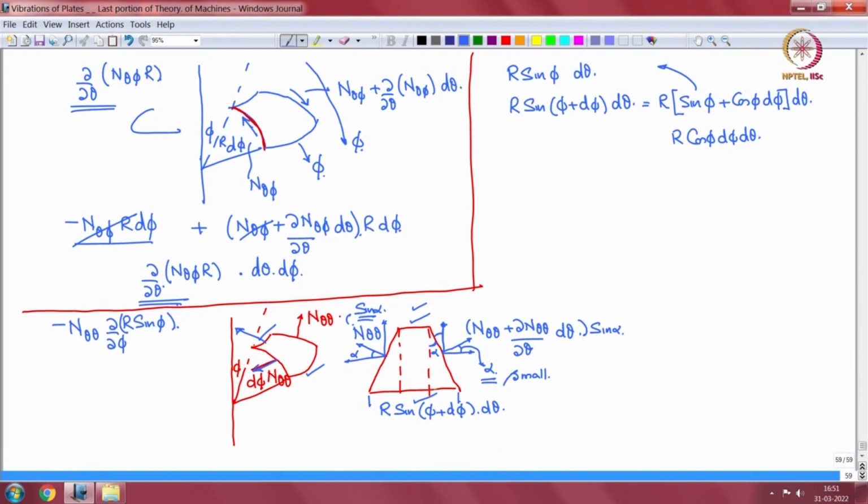Then I need half of that; the difference is this plus this, so I need half of this. Now that divided by this, which is r d phi, is equal to tan alpha.